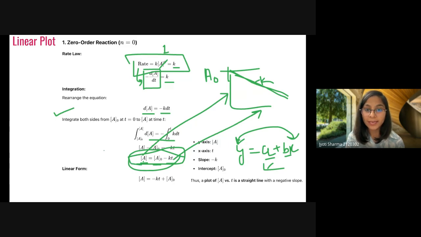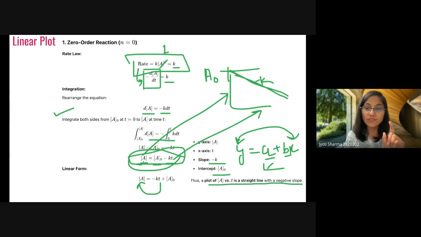A is on the Y axis, T will be your X axis, K will give you the slope, and the intercept will be A naught. So a plot of A versus T is a straight line with a negative slope for the zero order reaction.